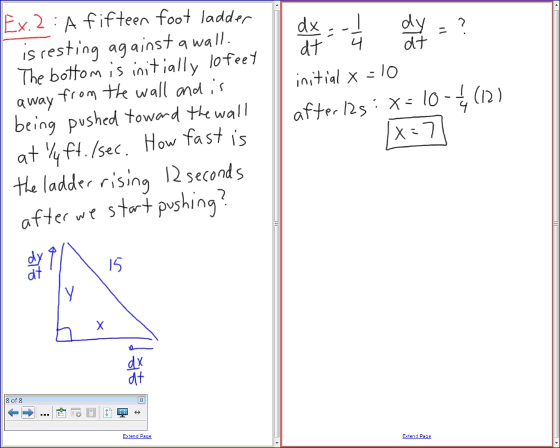Okay, so what equation are we going to actually use for this one? Very good. Where did you get the idea of Pythagorean theorem, Laurel? It is a right angle triangle, okay? And so I'm going to write in here x squared plus y squared equals 15 squared.